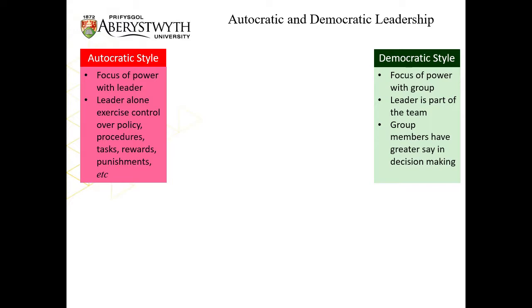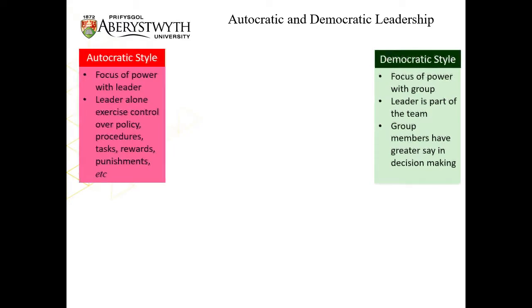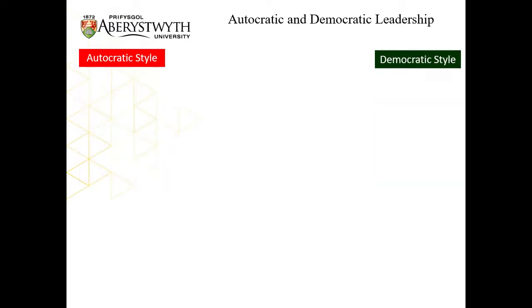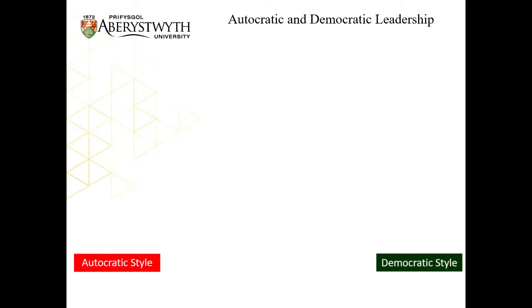The real world is not as black and white as autocratic or democratic. There are shades of styles in between the two, and that is what we wish to explore with the continuum concept. We can put at either end of this continuum the autocratic style and the democratic style.